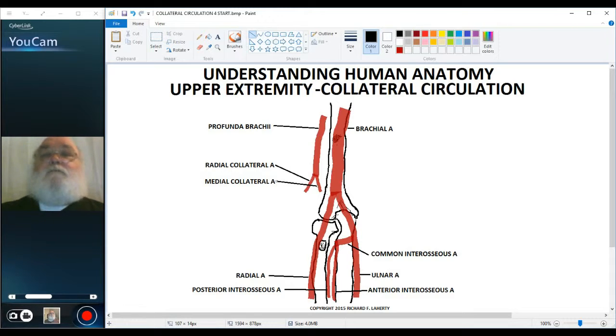Now, there are actually 4 collateral routes that pass around the elbow.